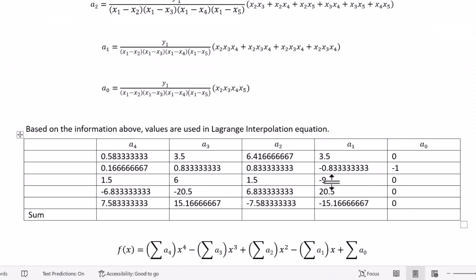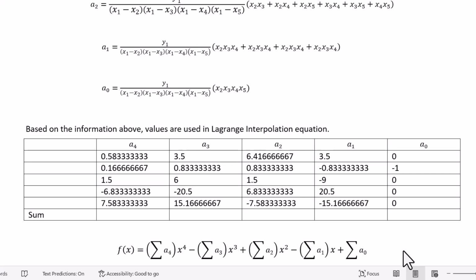Then we copy the value into this table. We know f of x will be summation of a4 times x to the fourth power minus summation of a sub 3 times x to the third power plus summation of a2 times x squared minus summation of a1x plus summation of a sub 0.